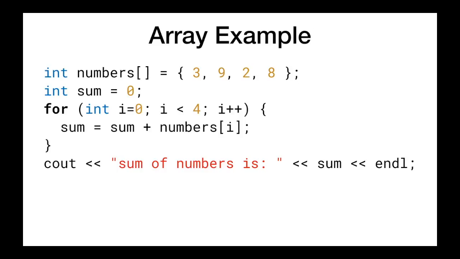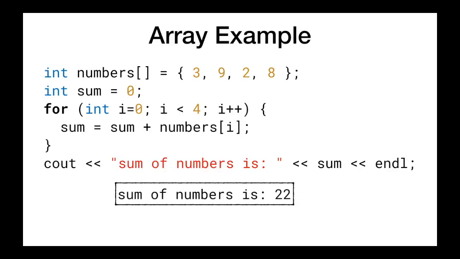You initialize an index variable named i or maybe j to 0, and then you test if i is less than the length of the array and increment i after every time the code block runs. Inside the code block, use i to index into the array to get the value you're after. You'll see this all over the place, and I do understand that this is like a super confusing thing to see for the first time or maybe the ninth time, but eventually this is going to make sense and it soon will become second nature to you. Anyway, when this code runs, it prints out the sum of numbers, which is 22. And that's it for C-style loops.